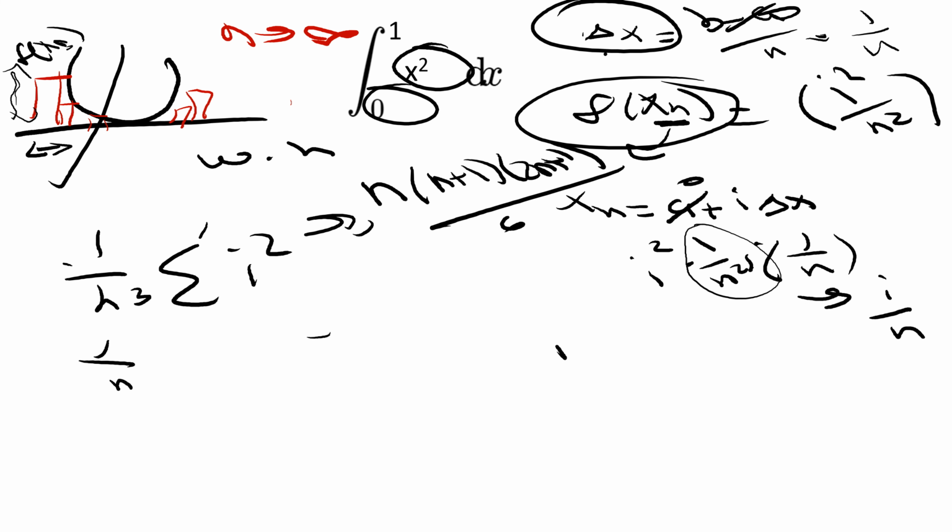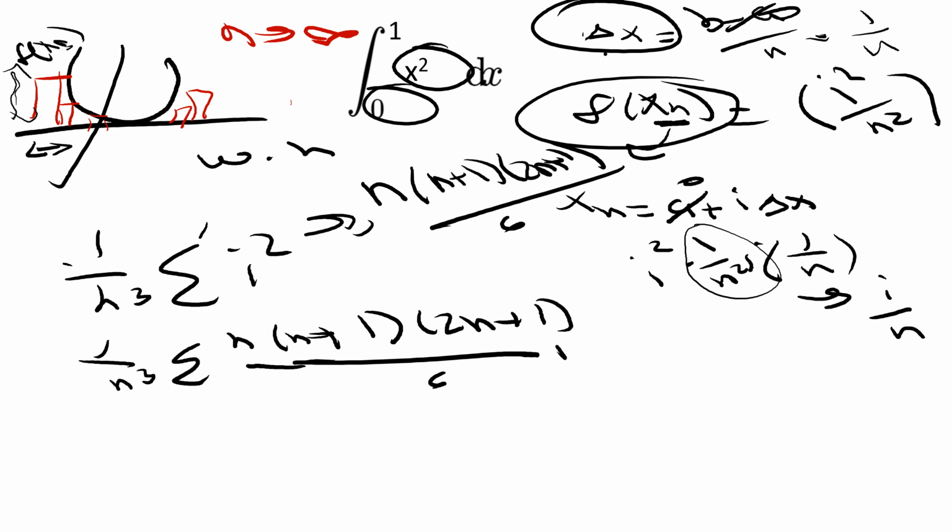It would be 1 over n cubed times n times n plus 1 times 2n plus 1 divided by 6. I want to divide by n and get rid of n. So I would distribute this, which would give me 2n cubed plus 3n squared plus n, divided by 6, times 1 over n cubed.